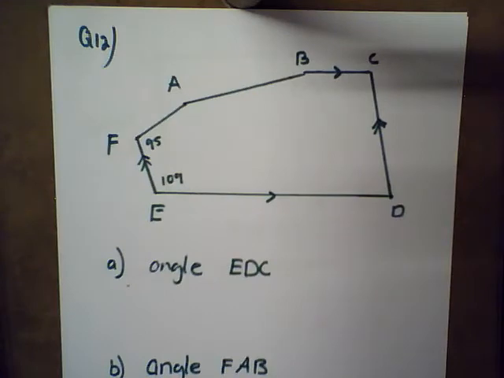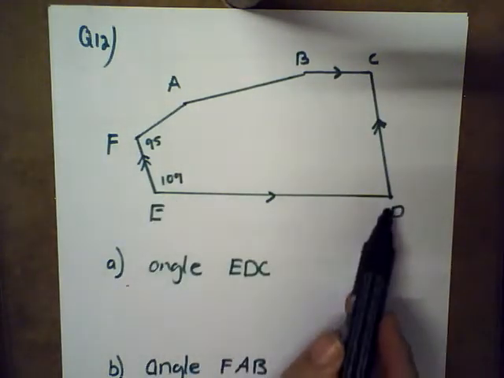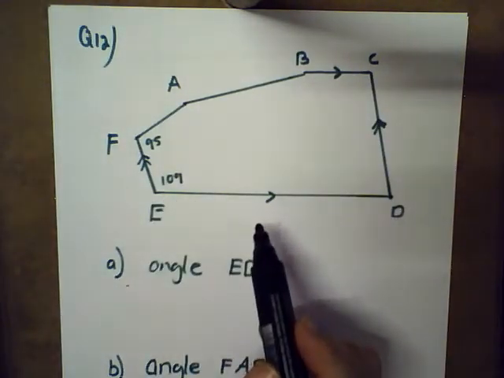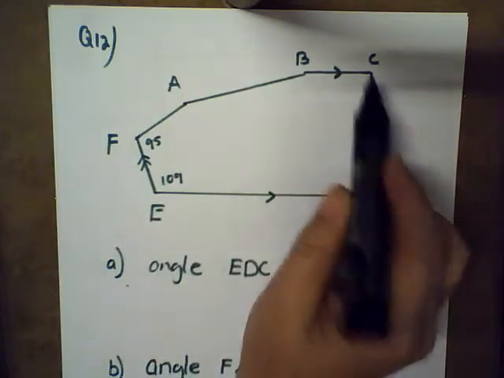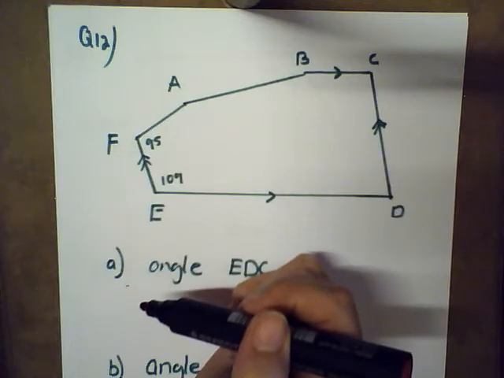Okay, in the diagram we have a hexagon with A, B, C, D, E, F. BC is parallel to ED, and DC is parallel to EF. Now they give us some stuff.